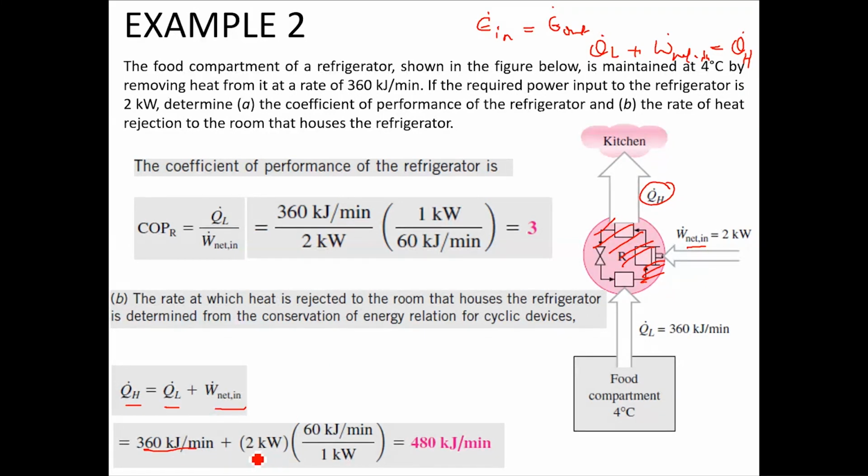This time you have converted 2 kilowatts into kilojoules per minute by multiplying by 60. Combined together, this would give you 480 kilojoules per minute.